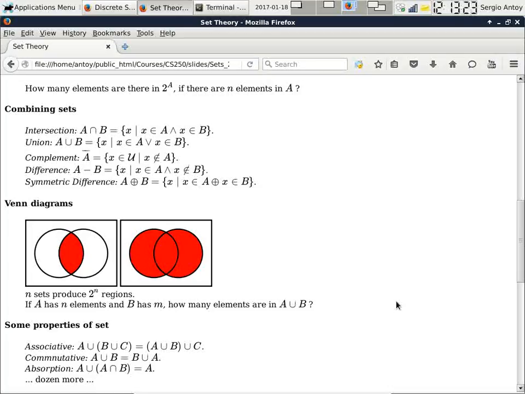All right? So first, let's look at A, and I make it red, right? This is A. Now I do the intersection of A and B, and I make it blue.